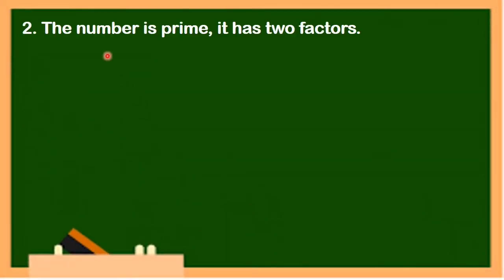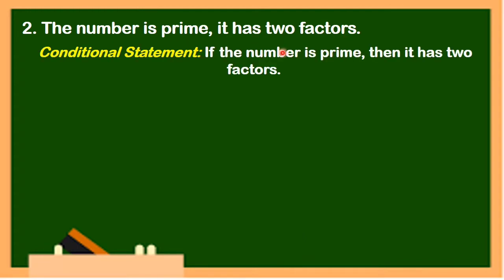Okay, for number 2, let's have number 2. The number is prime. It has 2 factors. To make it a conditional statement: if the number is prime, then it has 2 factors. Look, in the simple statement, the number is prime.